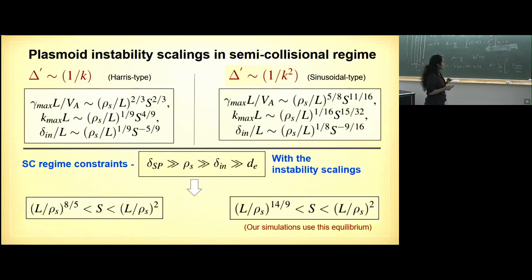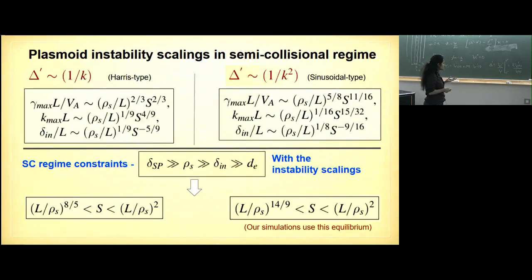Okay. The other player that comes into the game is rho s by L. This is important because combined with the semi-collisional regime constraint, you now get a critical Lundquist number which is scale dependent, as opposed to just a set value that was there in the MHD case, which was like 10 to the power of 4.